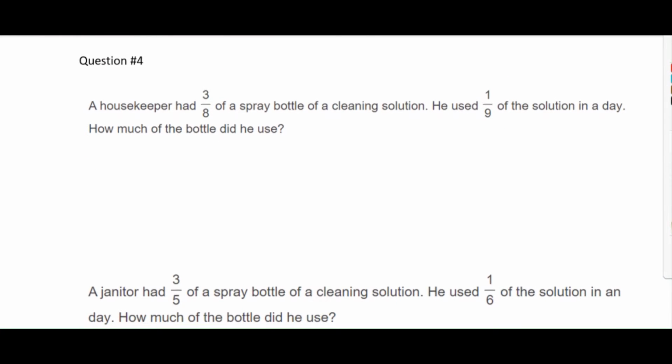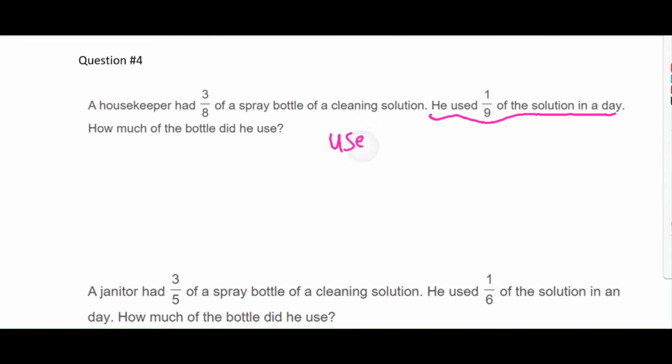I know this is a multiplication question because right here it says he used 1/9 of the solution in a day. So I'm going to change that, used 1/9 of the solution, into an expression, and that expression is going to help me find the answer.